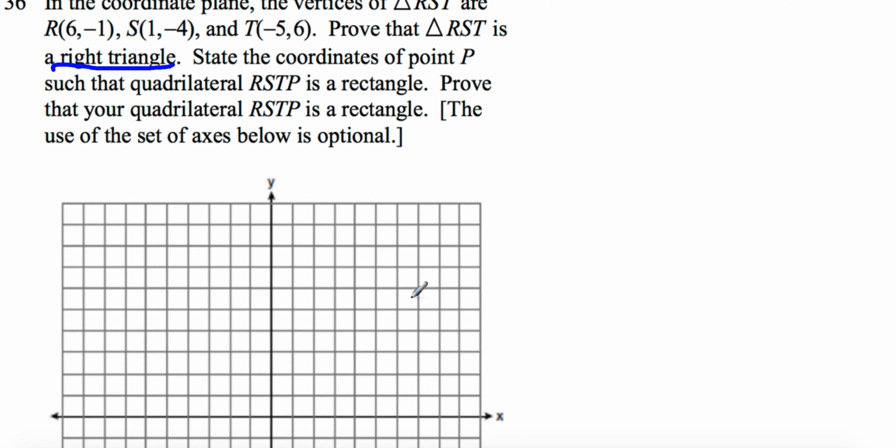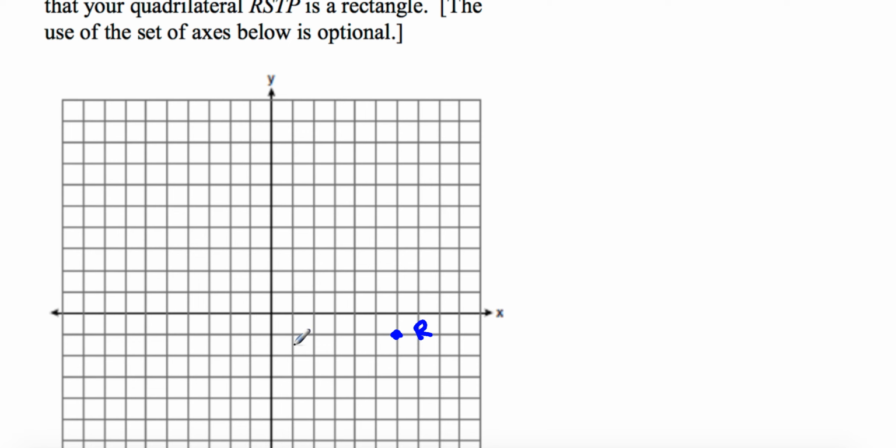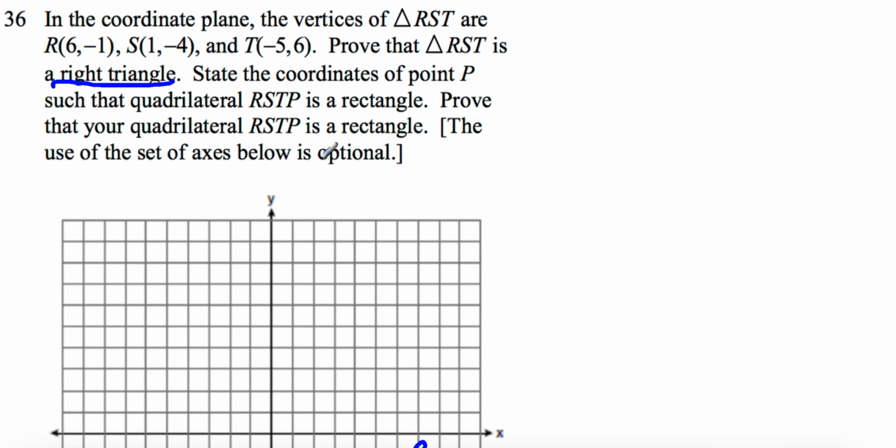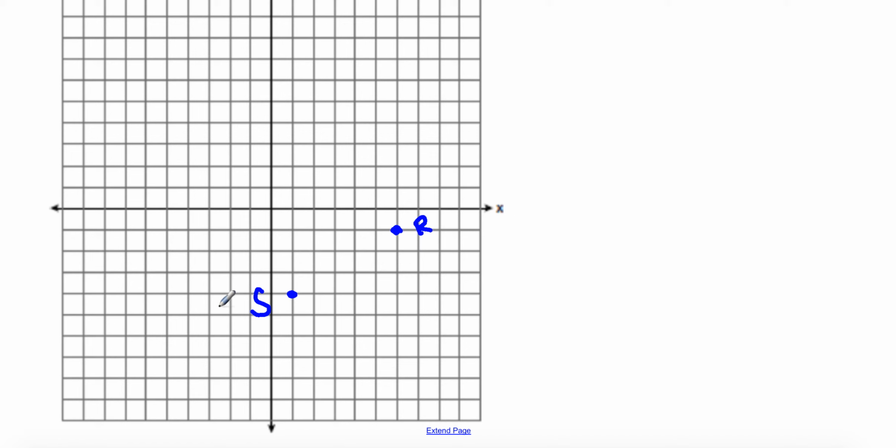6 and negative 1. So 1, 2, 3, 4, 5, 6 and negative 1. That's R. And then S is 1 and negative 4. 1, 2, 3, 4. That's S. And then negative 5 and 6. Negative 5, which is 1, 2, 3, 4, 5.